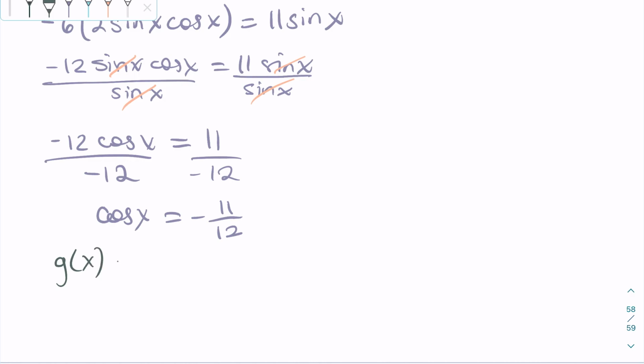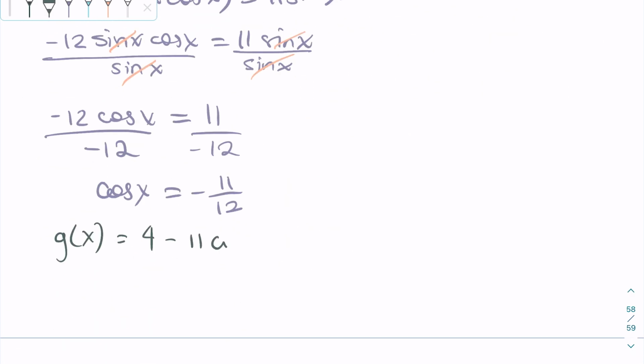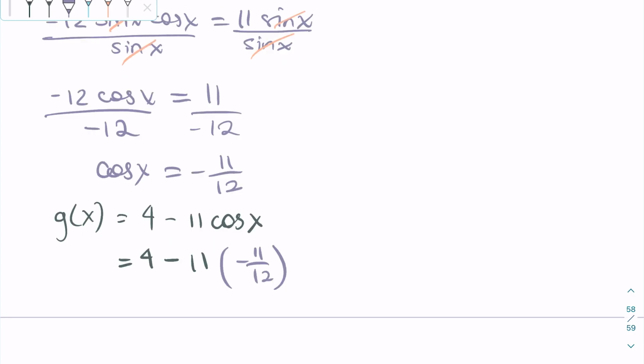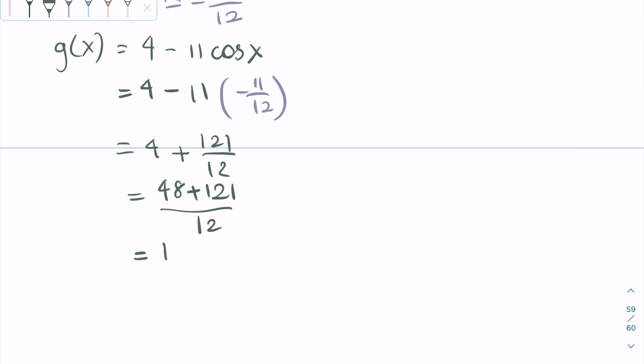We can now substitute this value for cosine into the function g to get the y value. So then the y value is 169 over 12.